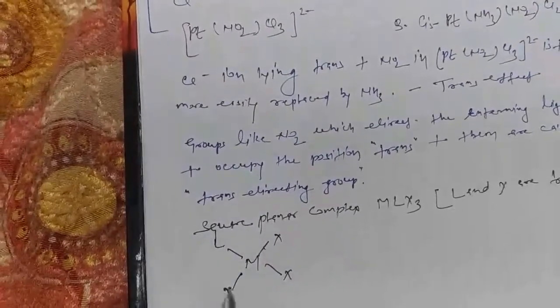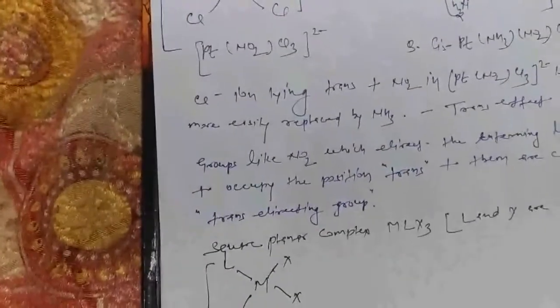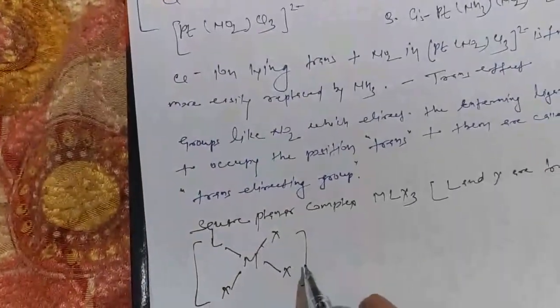We are left with three X only. This is your square planar complex of the MLX3 kind.